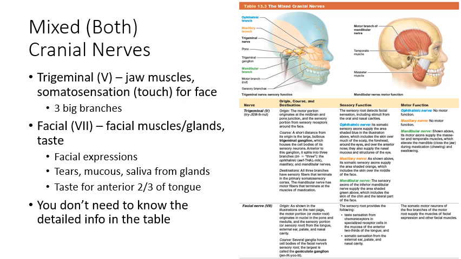So anytime you touch your face and you can feel it, that information is entering the brain on your trigeminal nerve. Then you have the facial nerve, which is cranial nerve 7. That is controlling all of the muscles in your face and the glands in your face, like sweat glands, tear glands, mucus and saliva glands, and it also carries taste information from the tongue.